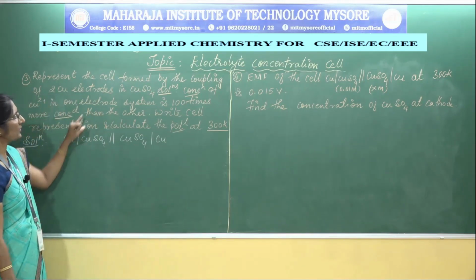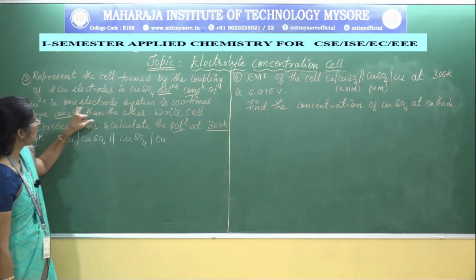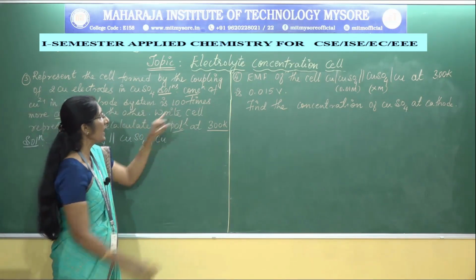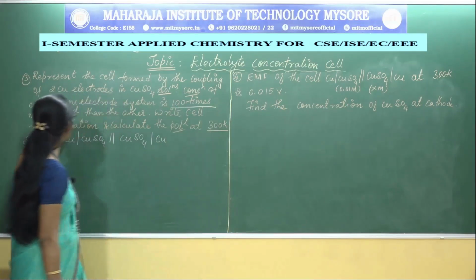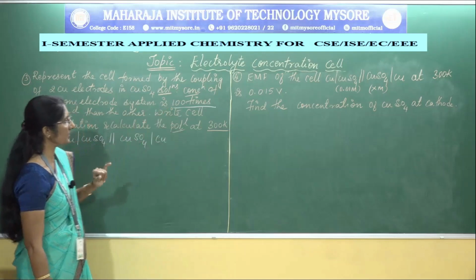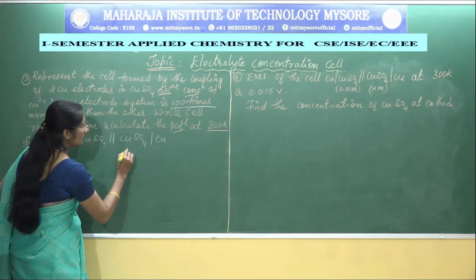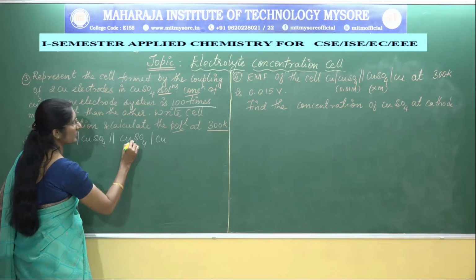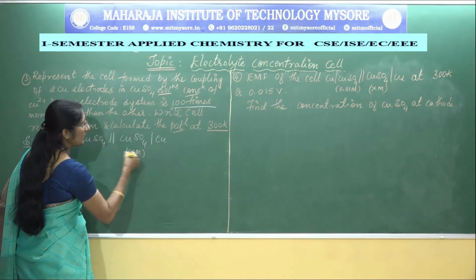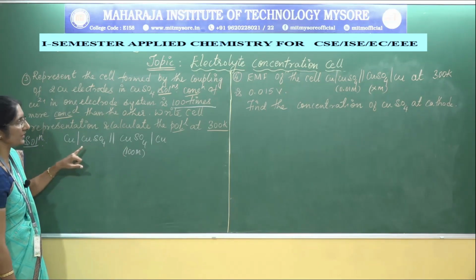So observe that according to the given data, concentration of cupric ions in one electrode system is 100 times more concentrated. That means they are mentioning the concentration of metal ions at cathode. So let us assume that the concentration of metal ion at cathode compartment is 100 molar. Then what is the concentration of copper sulfate at anode?